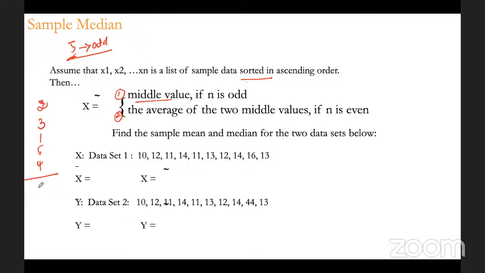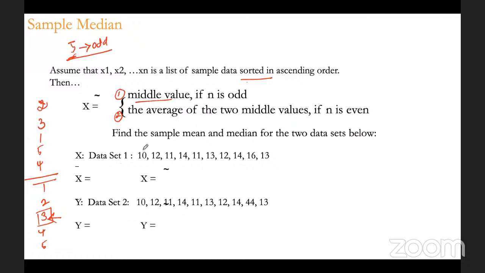Sort this data set: 1, 2, 3, 4, and 5. So this is the sorted order of the data set. Once you sort it, since the total number of elements is odd, take the middle value. That is called the median. Now for this data set, what is the median? The median is 3. So that is the first case.